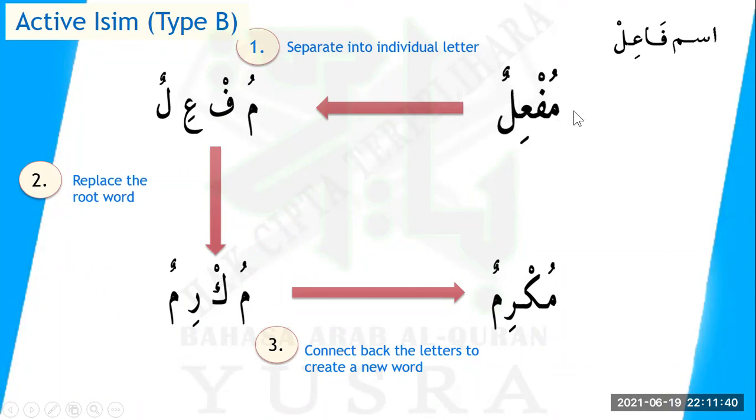So it becomes the active form, a doer. You take the kaf, ra, mim, the three letters, you add a mim, then it becomes mukrim, the ra being the second letter takes a kasra.